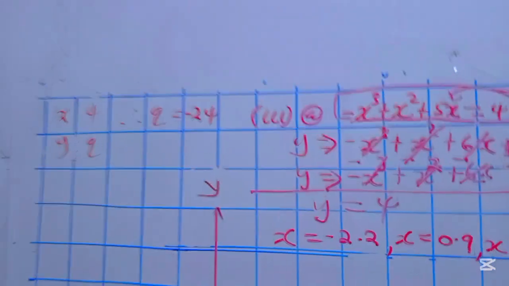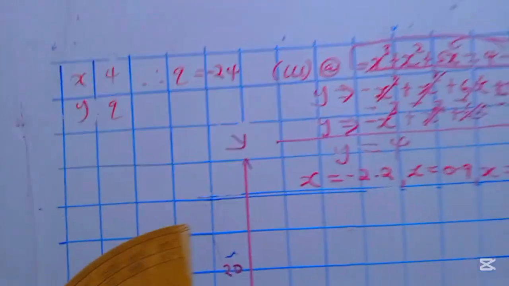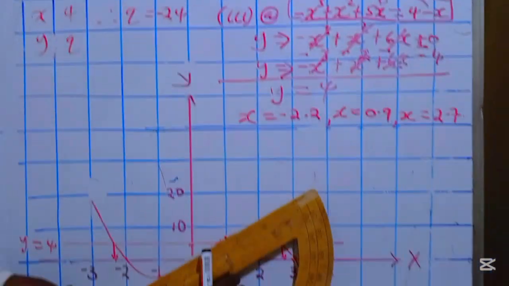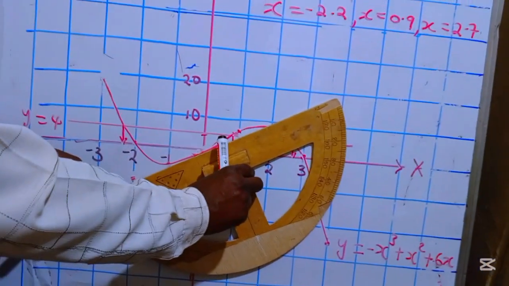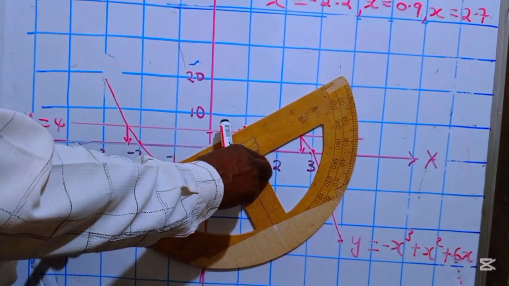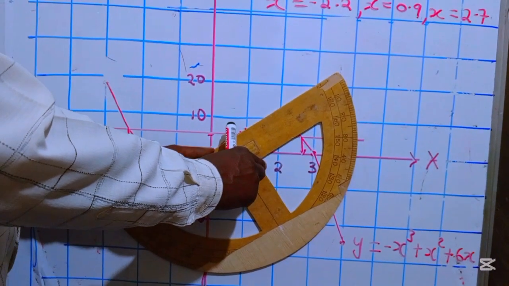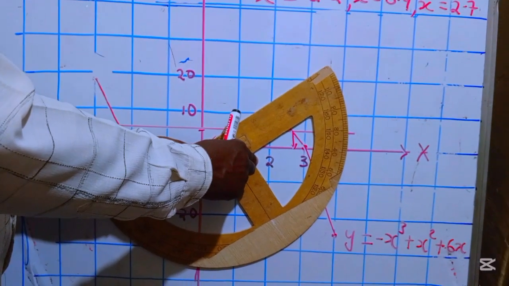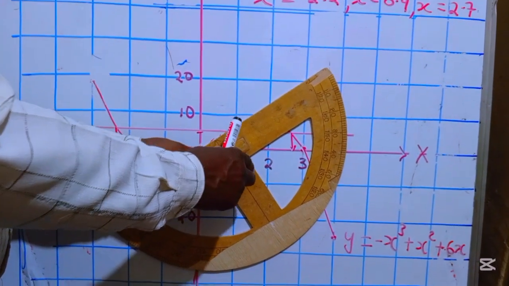When you go on the graph, ladies and gentlemen, they're asking for the gradient. You draw a tangent. A tangent is a line which touches the curve at one point. The first point is what you have been given. Don't ignore the point you are given. Here the point I've been given is that x is 1.